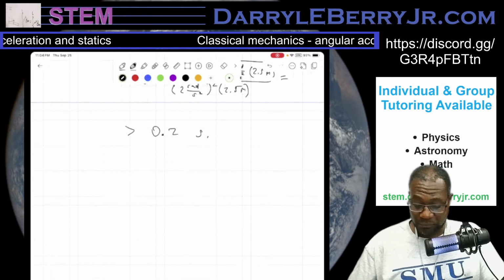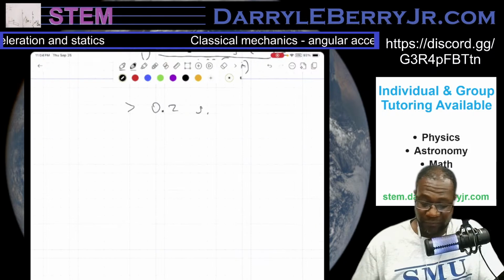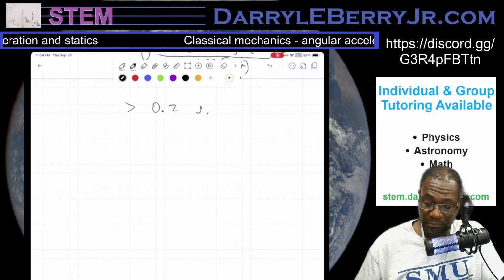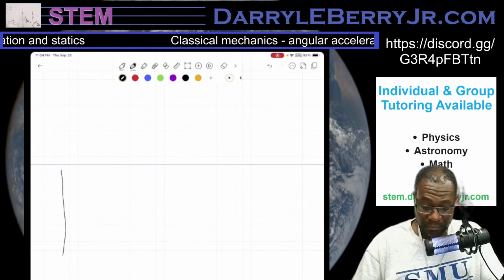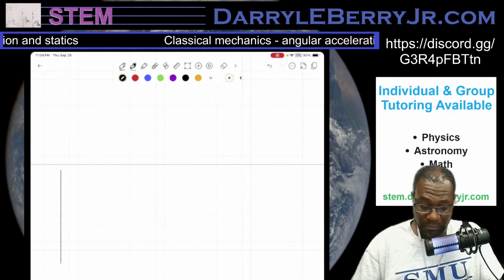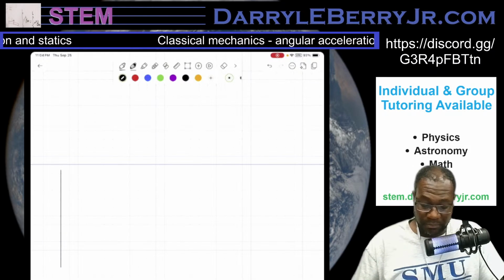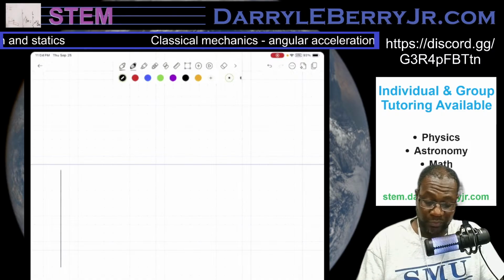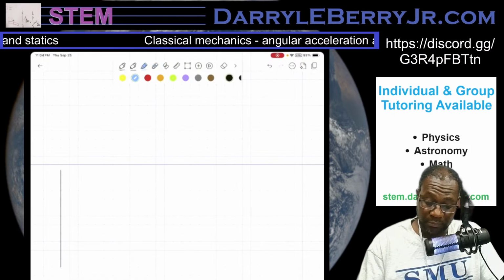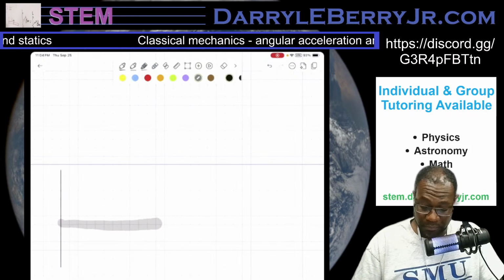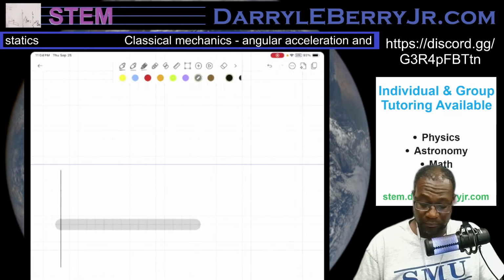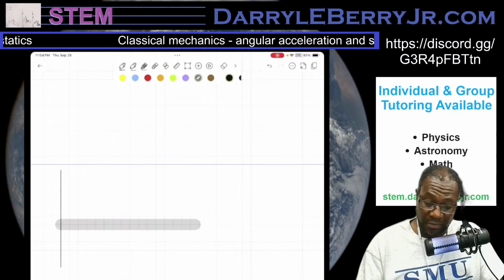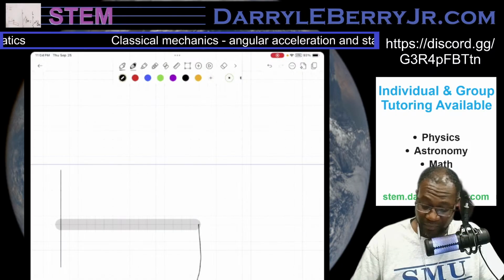So we'll say that we have an object that's attached to a fulcrum on the wall. So let's say this is a beam, and we have a weight that's hanging from the beam.